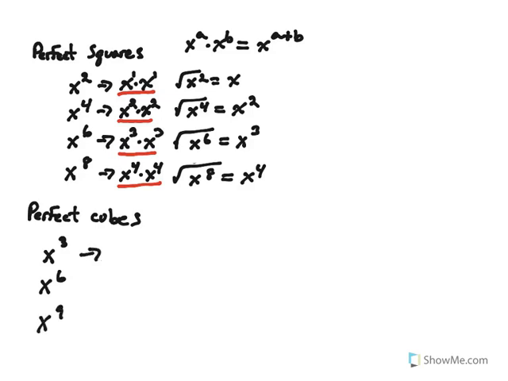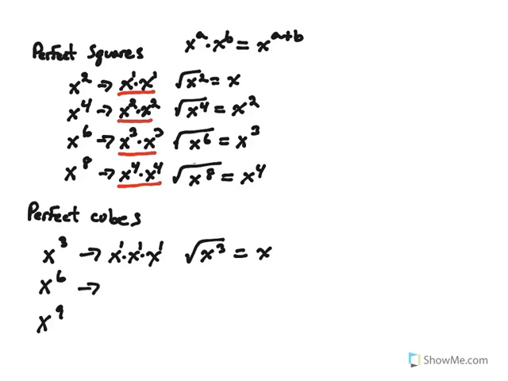Okay, all of these are perfect cubes because x times x times x all have an exponent of 1. If I add those 3 1s, multiplying the same base, which is x, I get x cubed. So the cube root of x cubed is simply going to be x.